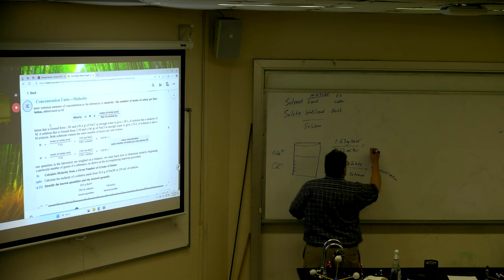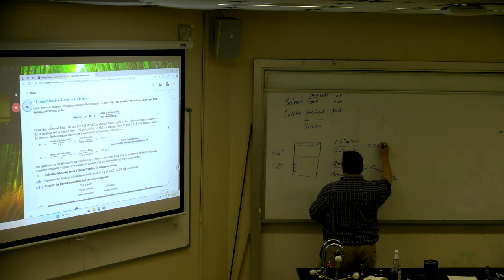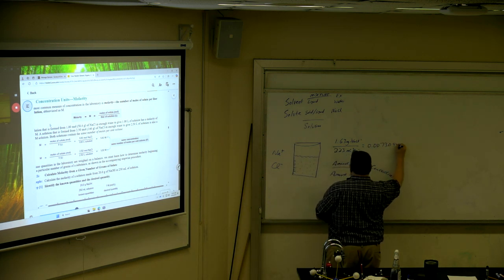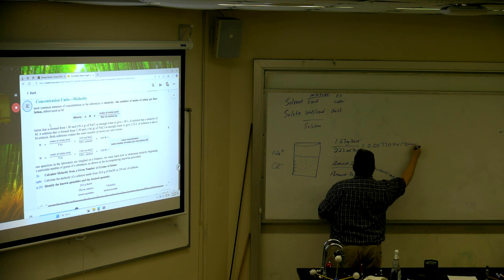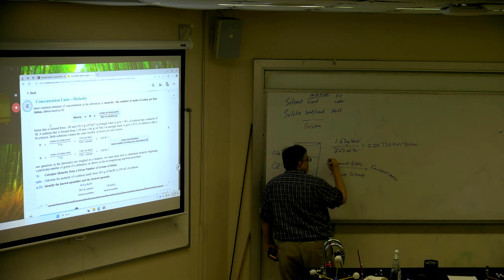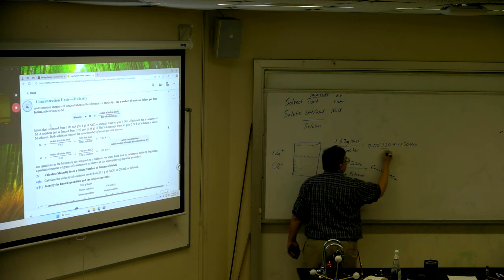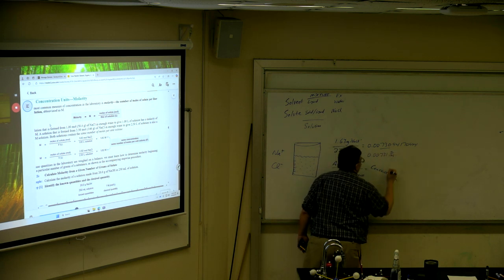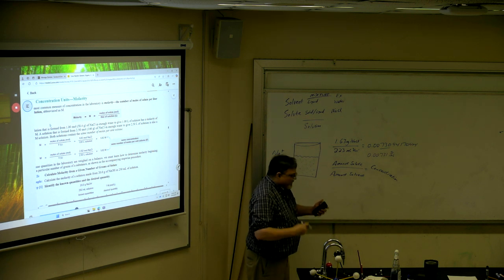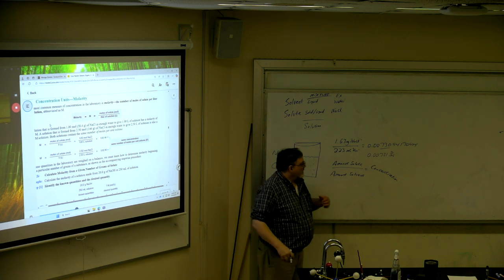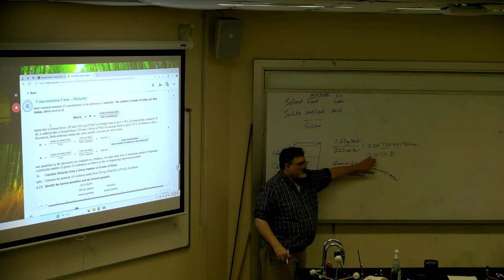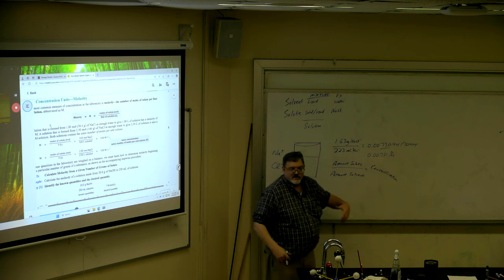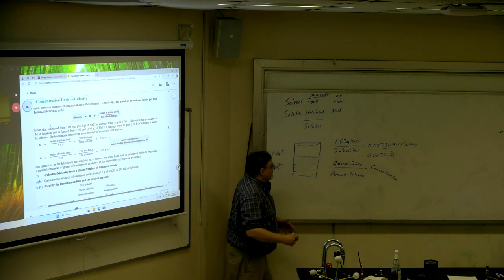The calculator says, but of course it's 3 significant figures. So I would keep these 3, so 0.00731. And my units are grams per milliliter. And by some context, you would know that the grams are the solute and the milliliters is the solvent, or the milliliters is really the solution.